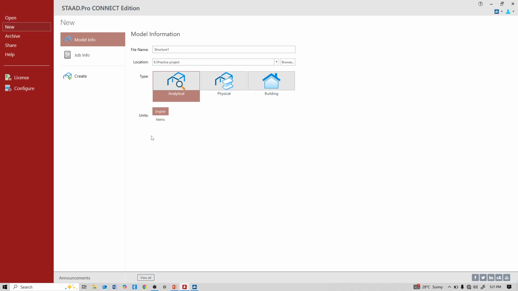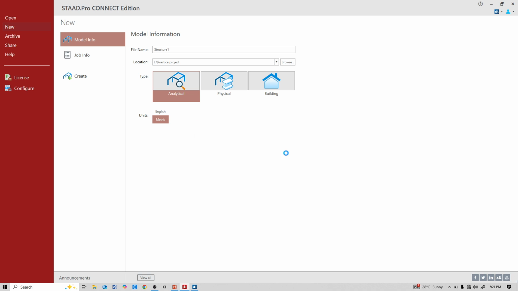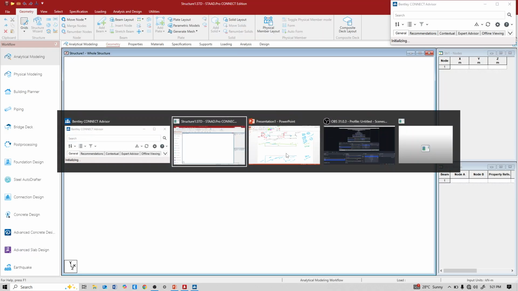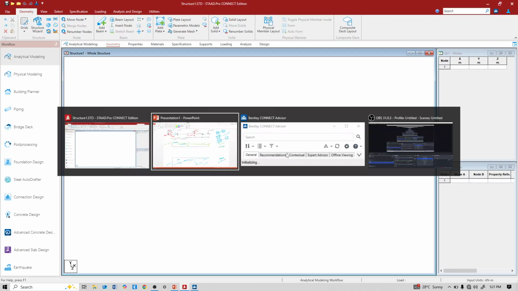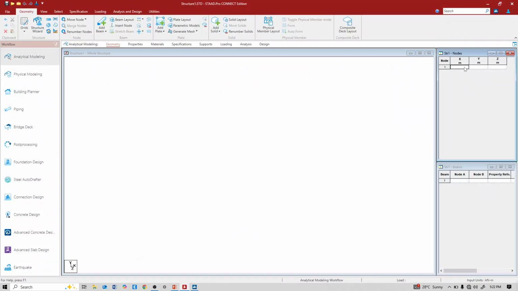Click on new, unit is metric, type is analytical and create. So total length of this beam is 5 meter, 2 plus 2 is 4, 4.5, 0.5, 5 meter. So node 1 is 0 and node 2 is 5 meter.